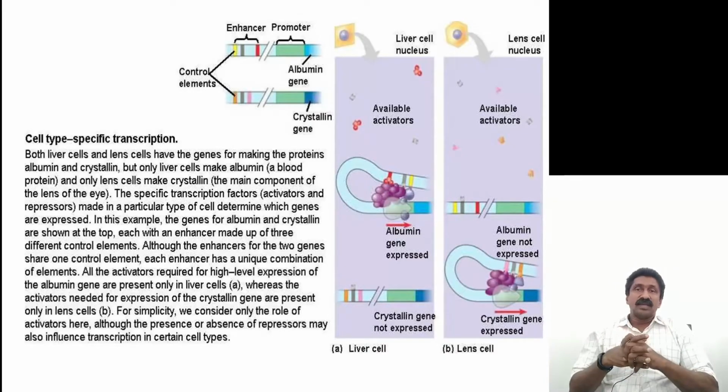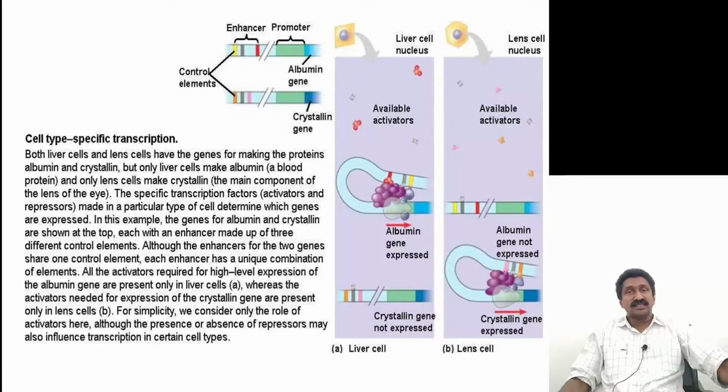In this example, the genes of albumin and crystallin are shown at the top, each with an enhancer made up of three different control elements.